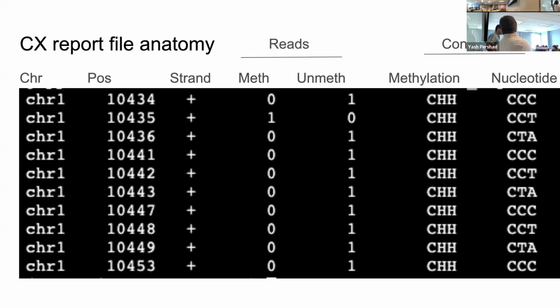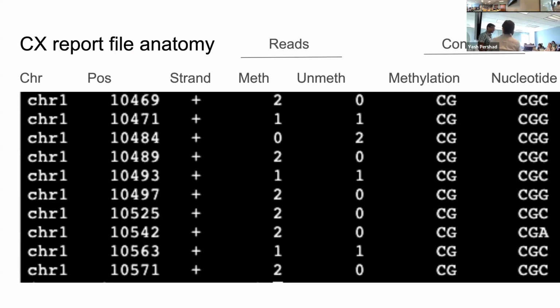So this is where most people are going to start, at this CX file, and these are so awesome and easy to work with. You can see here, this is CHH methylation, so we're going to filter that out. Then you're going to be left with CG methylation. And then we're going to extract all the methylated counts.